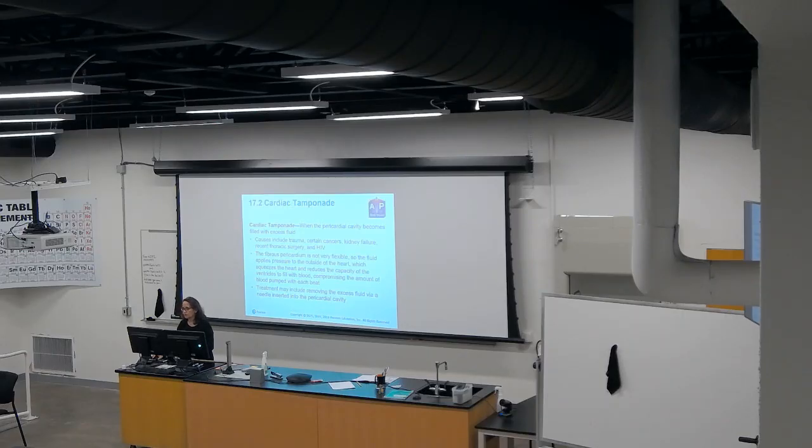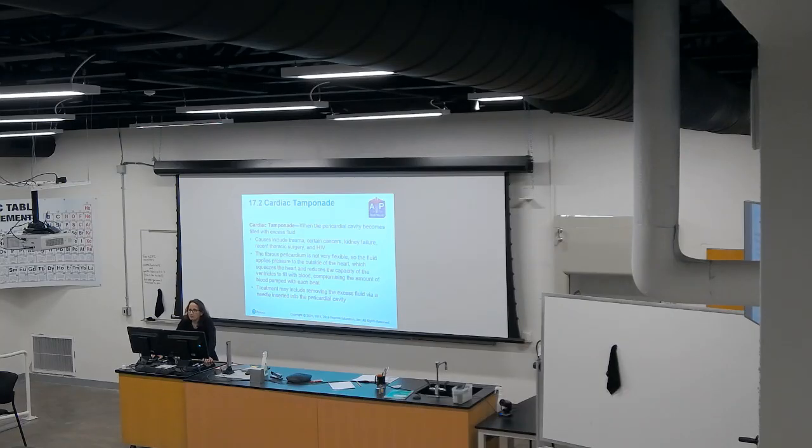So this is what I explained to you before, that cardiac tamponade is excess of pericardial fluid that basically can prevent the heart from beating, and causes will be trauma, so basically a physical injury, cancers as well, kidney failure, recent thoracic surgery, HIV, and other microorganisms, guys.